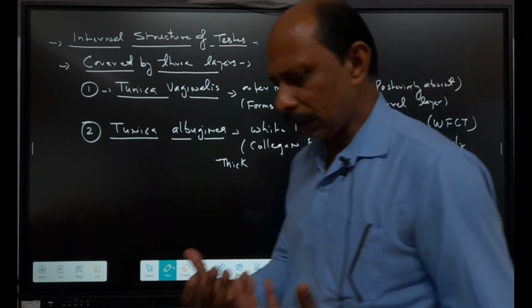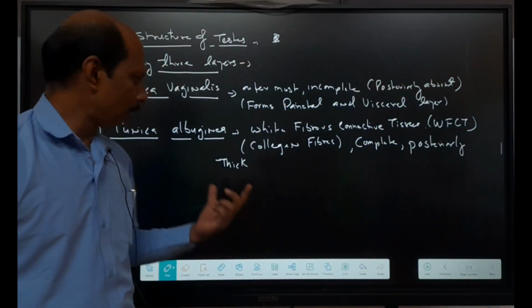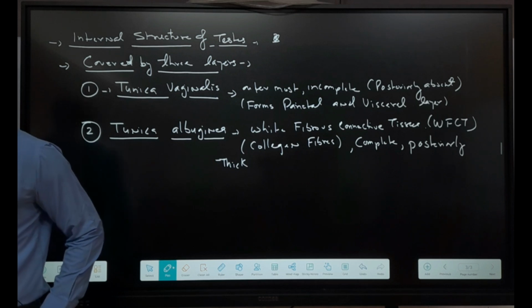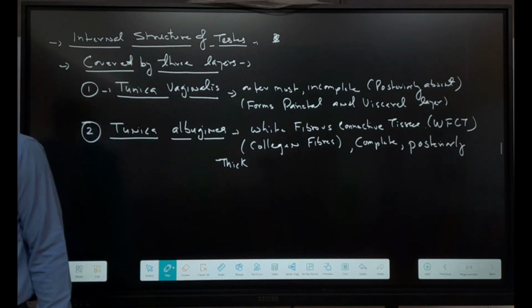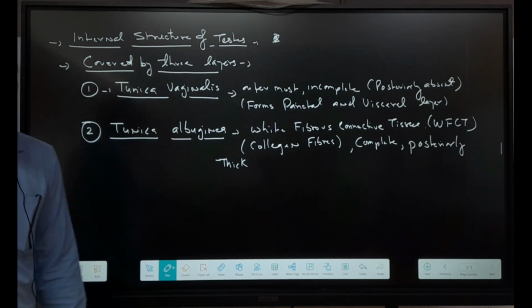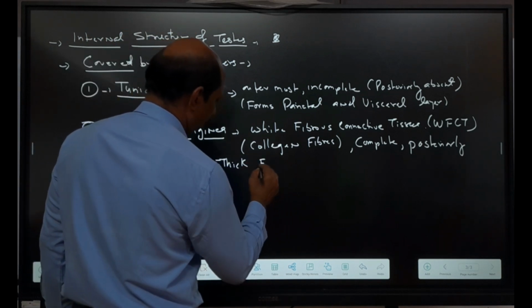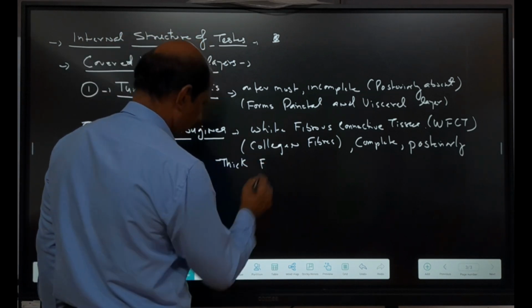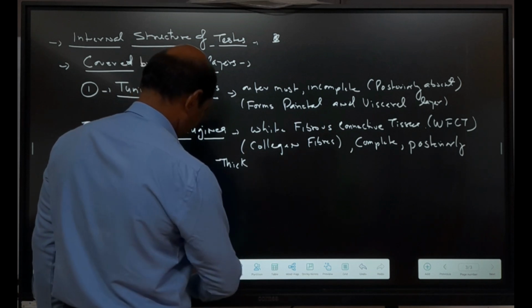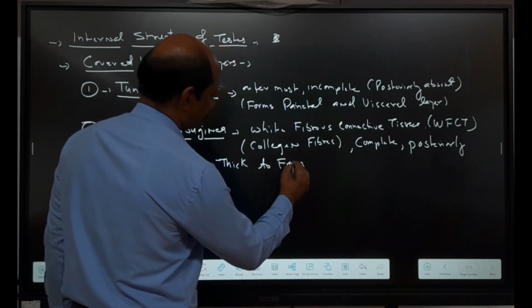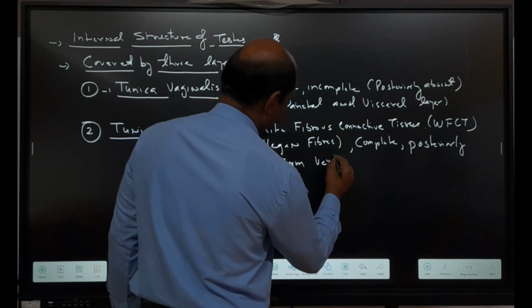So this septum is formed through this layer, tunica albuginea, right? It is thick to form a vertical septum.